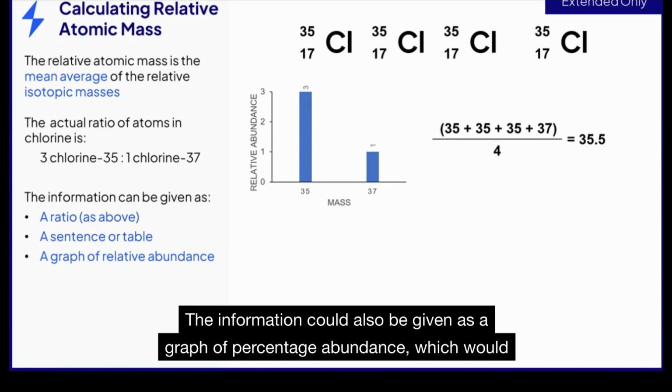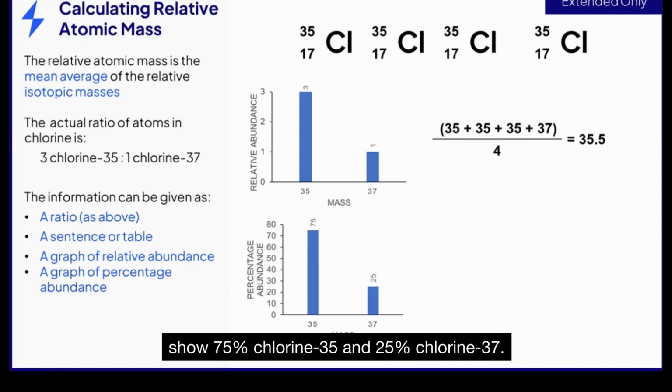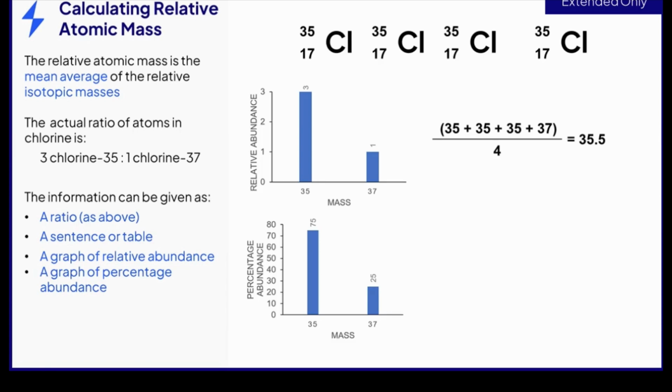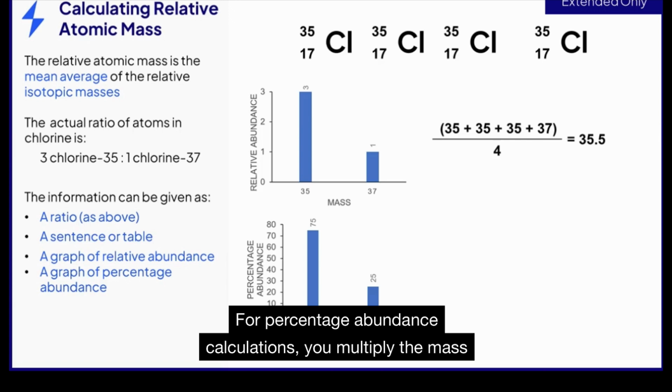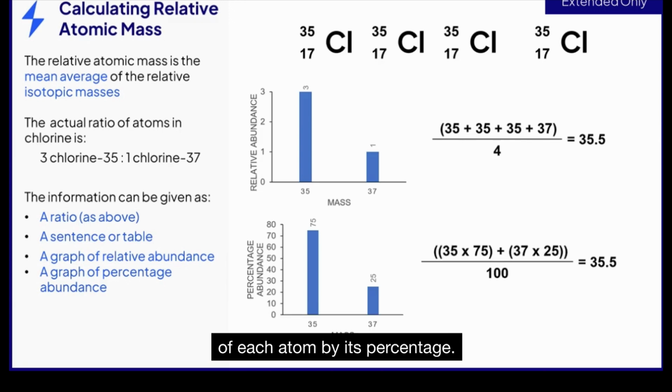The information could also be given as a graph of percentage abundance, which would show 75% chlorine-35 and 25% chlorine-37. For percentage abundance calculations, you multiply the mass of each atom by its percentage. 35 times 75 for chlorine-35 at 75%, and 37 times 25 for chlorine-37, 25%.